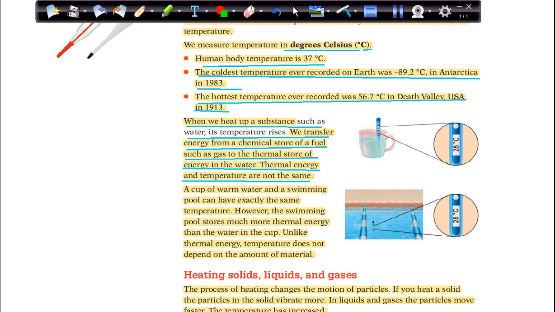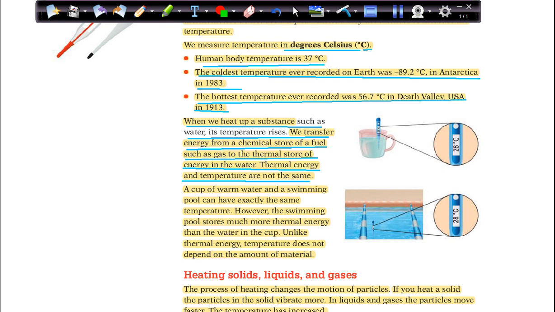Here the thermal energy will transfer where exactly, or from where to where? First, from the chemical store of the fuel, whether this fuel is gas, liquid or solid. Why do we say chemical? Because the combustion reaction is chemical. It happens because of the reaction of these chemicals together. From the chemical store it will transfer to the thermal store of energy inside the substance that we are heating.